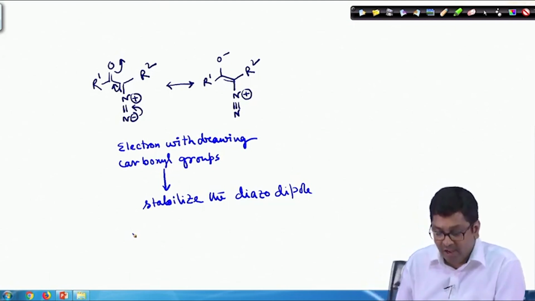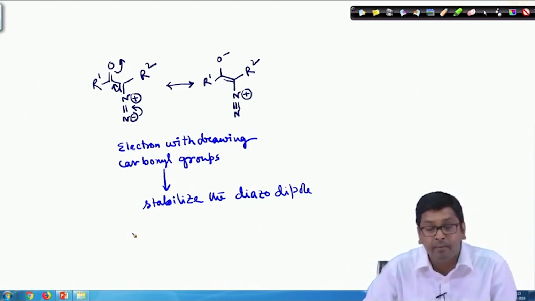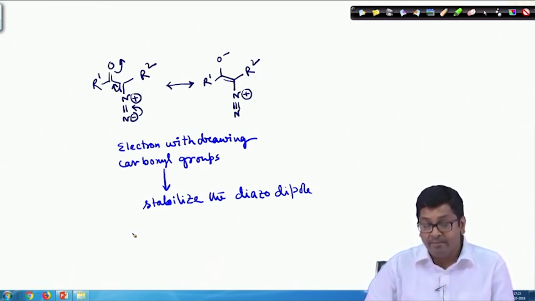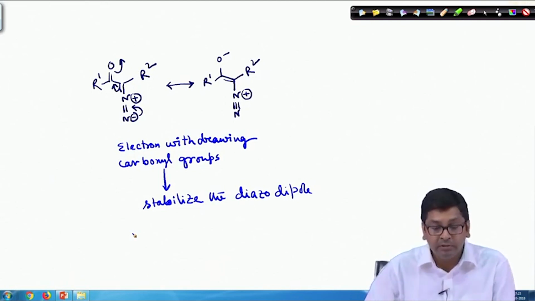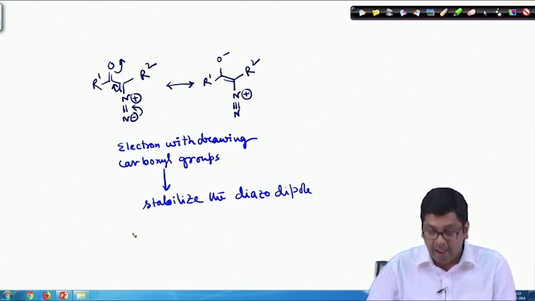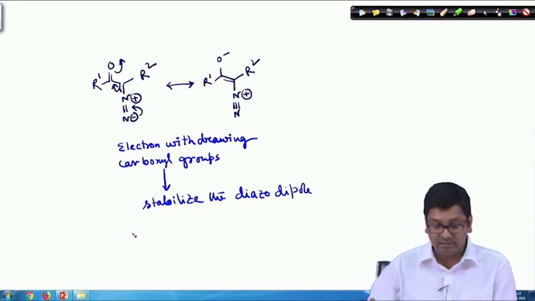Now, we will learn the synthesis of these diazocarbonyl compounds, because on decomposition they will give you the more stable carbenes. Fine. So, we need to know the synthesis of these diazocarbonyl compounds and their possibility to form the carbenes. Okay.